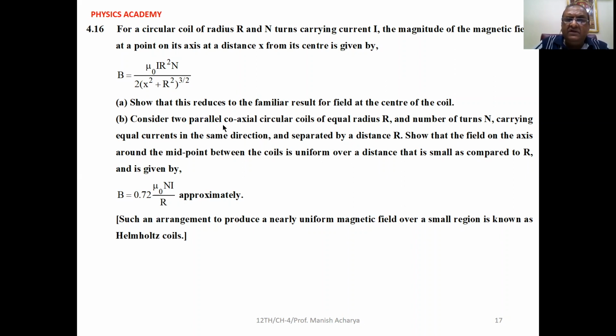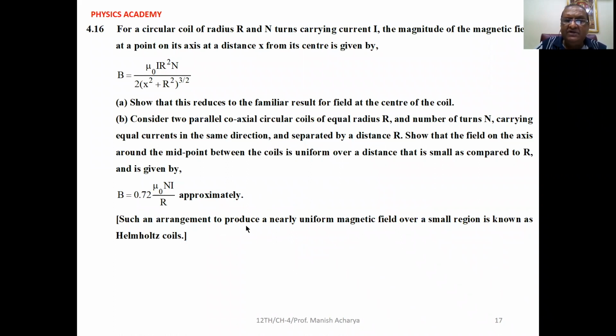B. Consider two parallel coaxial circular coils of equal radius r and the number of turns n carrying equal currents in the same direction and separated by the distance r, so that the field on the axis around the midpoint between the coils is uniform over a distance that is very small compared to r, and is given by B equal to 0.72 mu 0 n I upon r approximately.